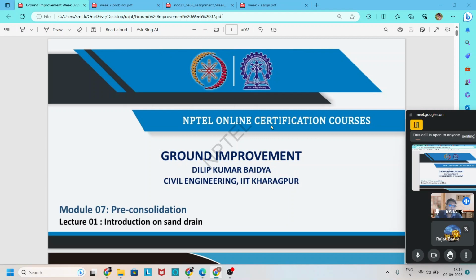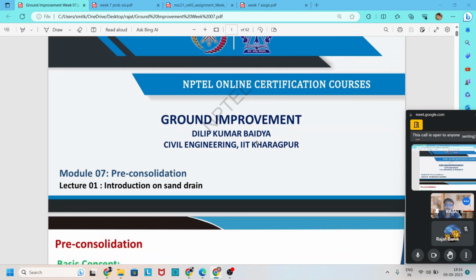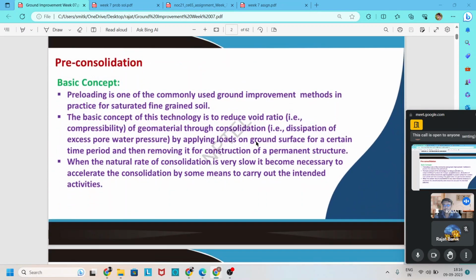So now we discuss the basic concept of the pre-consolidation method. In pre-consolidation, we apply the preloading, or we can say the surcharge, on the ground to generate the excess pore water pressure in the soil.